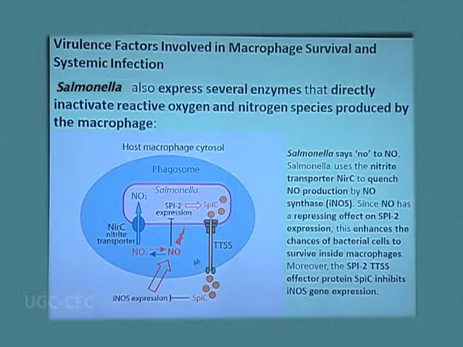Second of all, they use SPI2 expression to produce an effector molecule SpiC that they translocate via the secretory system into the macrophage cytosol, where this SpiC can inhibit the expression of iNOS, which is the nitric oxide synthase, and thereby prevent the synthesis of nitric oxide. In these two ways, they can neutralize the action of nitric oxide.